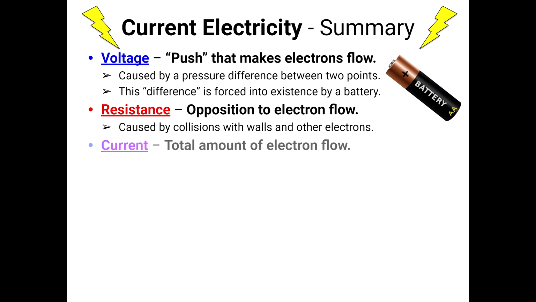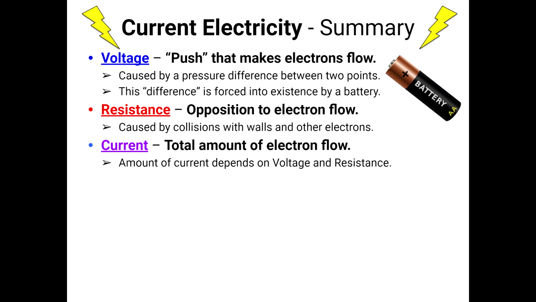Finally, the third term we learned about today is current. Electrical current is the total speed or amount of electron flow. Now, you might have actually figured this out already, but electrical current is dependent on how much voltage and how much resistance there is in an electrical circuit. More voltage means more current. More resistance, however, means less current.